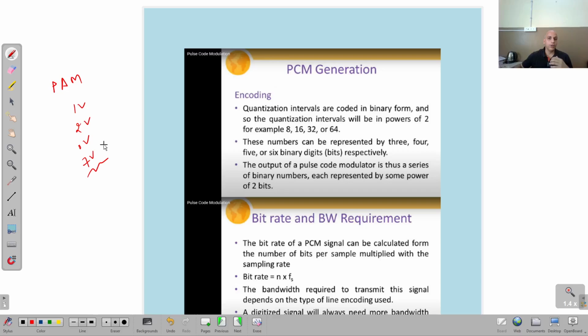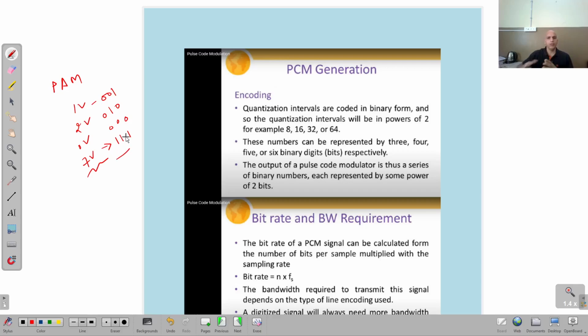So what will I do during the encoding? During the encoding, I will convert these predetermined voltage levels into the corresponding bit stream. If I am using 3 bits, then 0 0 1, 0 1 0, 0 0 0. Similarly for 7, right? 1 1 1.